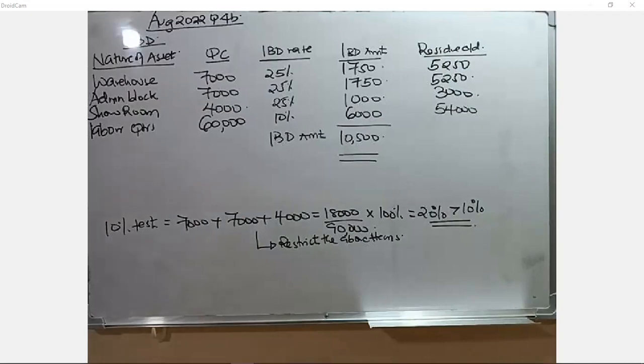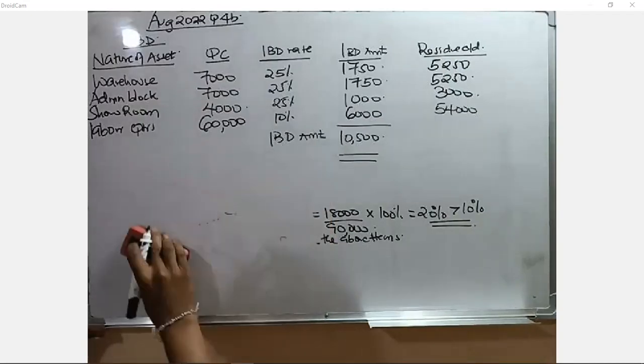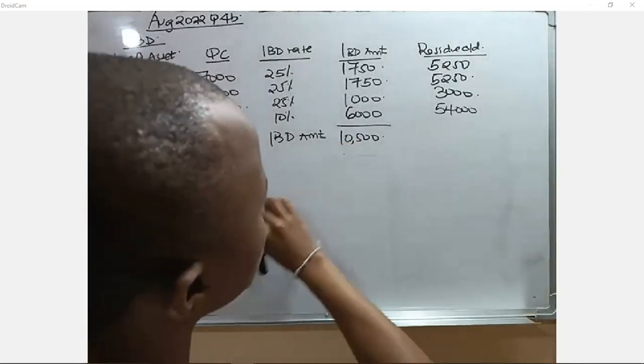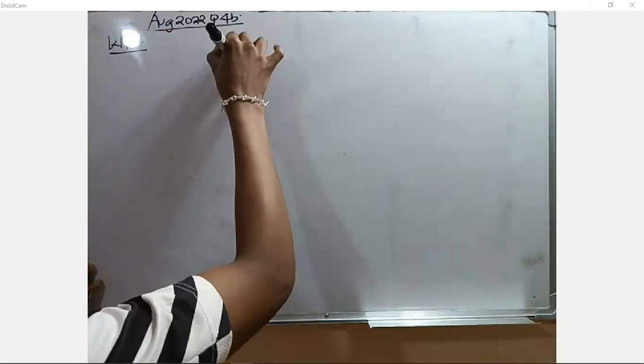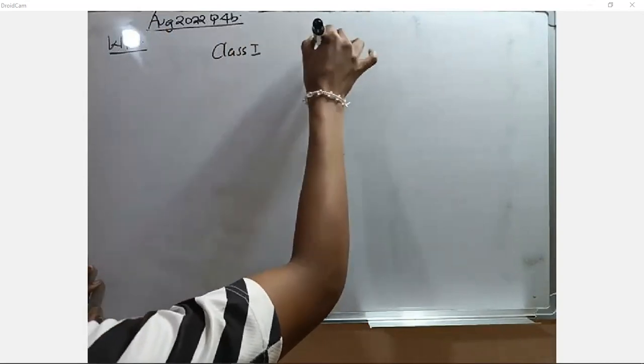Yes. Let us go to WTA. We say WTA, the assets are grouped into 2. We have class 1, we have class 2.